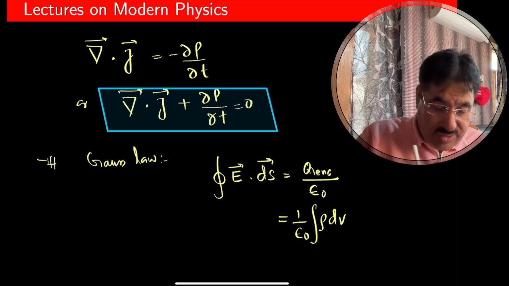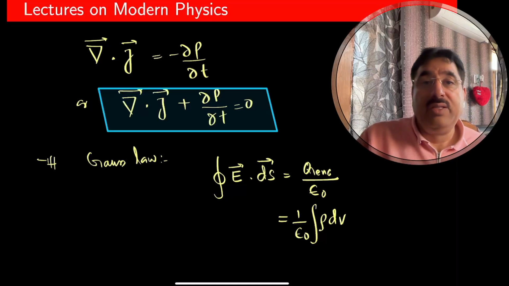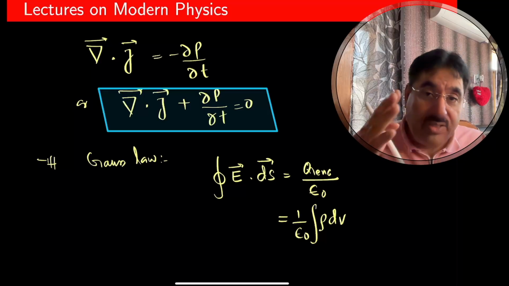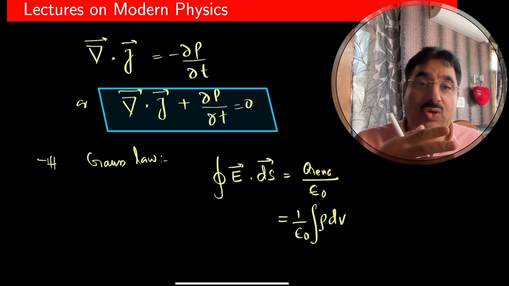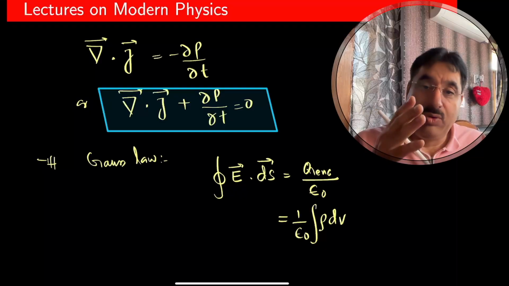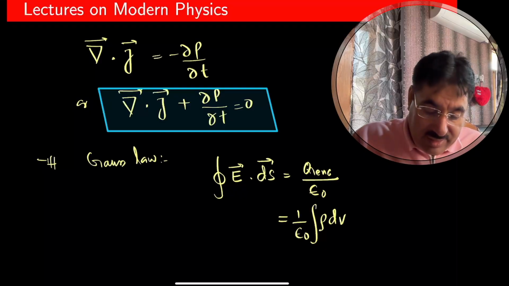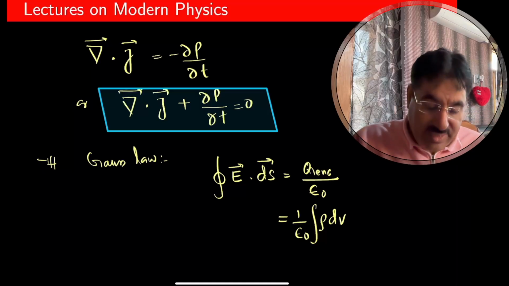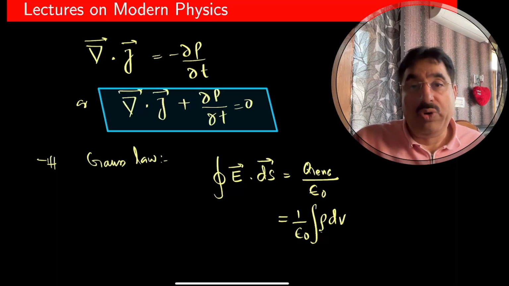This gives me how the charge is distributed within the volume that I'm choosing, because flux is through the surface, and inside the surface there is some volume. How charge is distributed in that volume is contained in the charge density, and I can write the total charge as integral of rho dV.